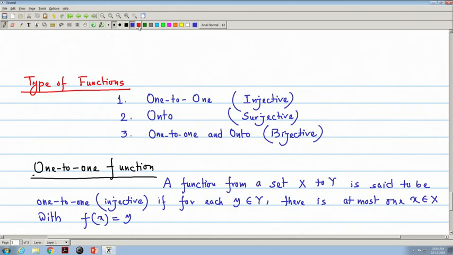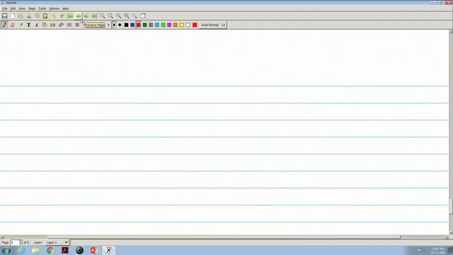So, here for each y belonging to y, we have at most one x belonging to x. This is my mapping.